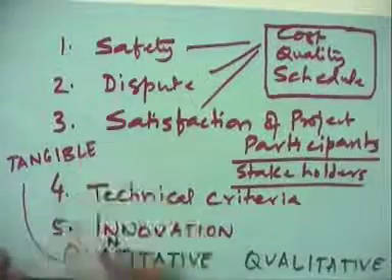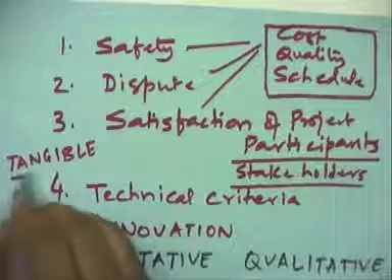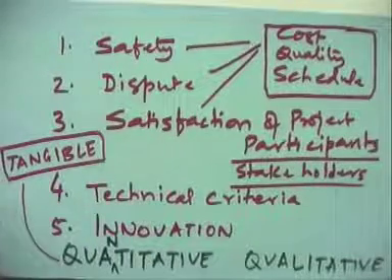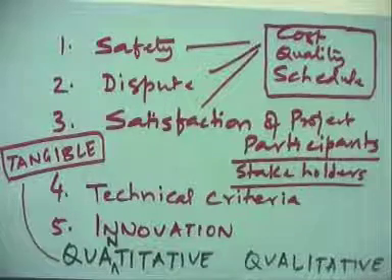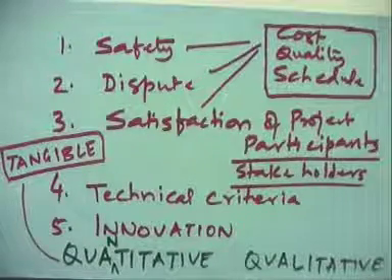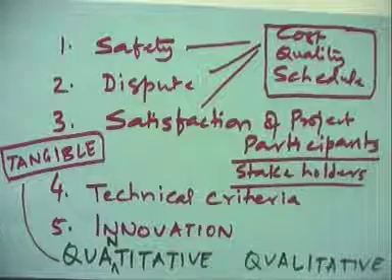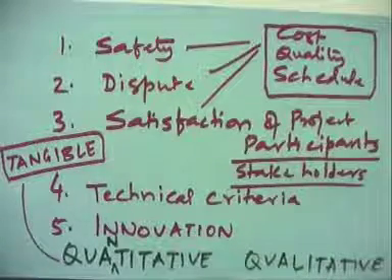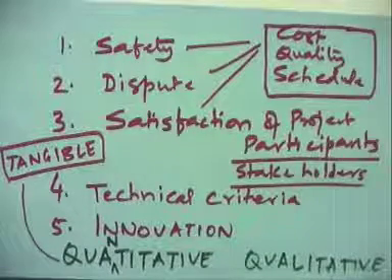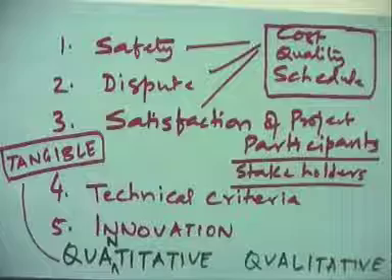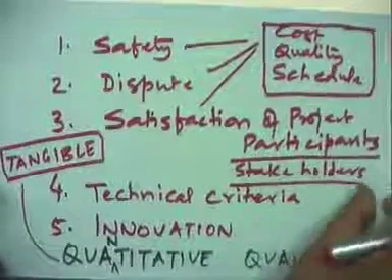So these attributes, these performance criteria, you can measure. Tangible means it is possible to measure them. So out of these listed criteria, which ones do you think are tangible, which you can measure in quantitative terms? Can you just tell me which are the ones I can put under quantitative?